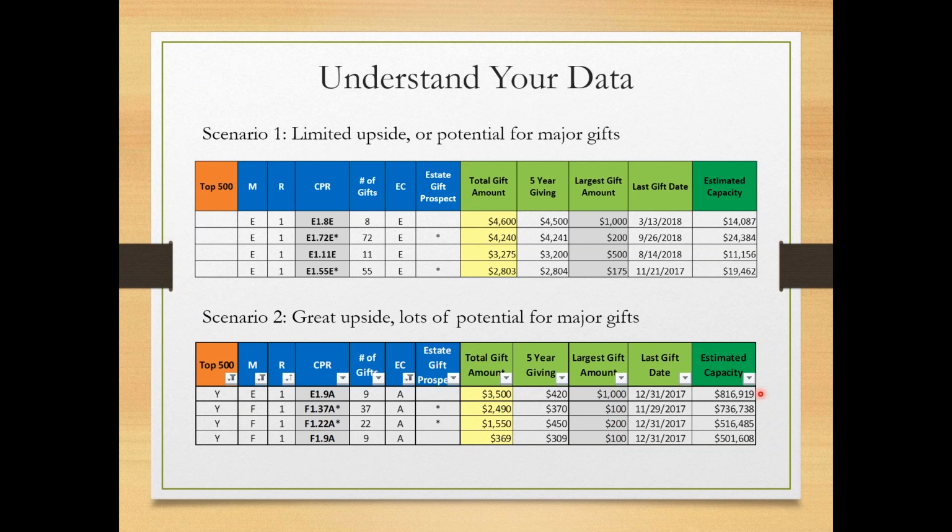At the same time, don't overlook the asterisk that's next to those people that have given you 13 or more gifts. Remember that magic number 13. And you see the second individual in that same lower box, 37 gifts, as well as the next one down, 22 gifts. Those are prime candidates for an estate gift.